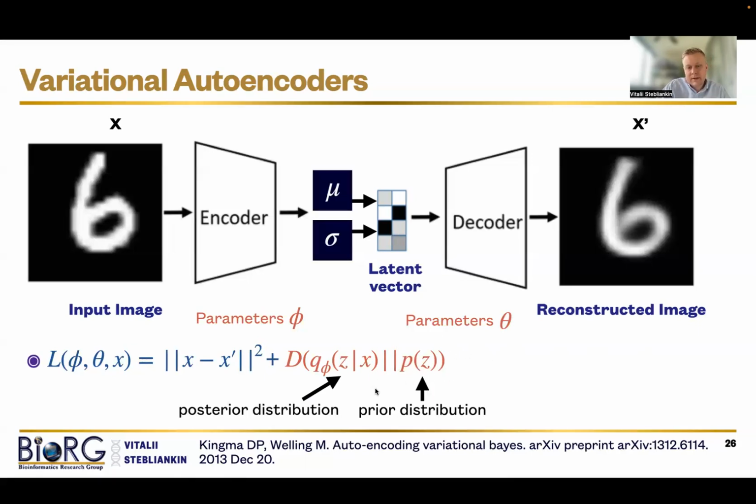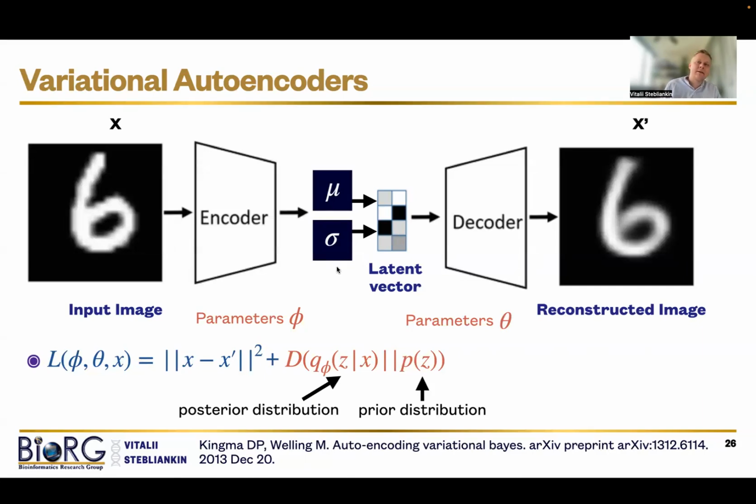In practice, what we can do is fix p of z to the Gaussian distribution with mean 0 and standard deviation 1, and then optimize the posterior distribution to generate the latent vector. So this is the intuition.